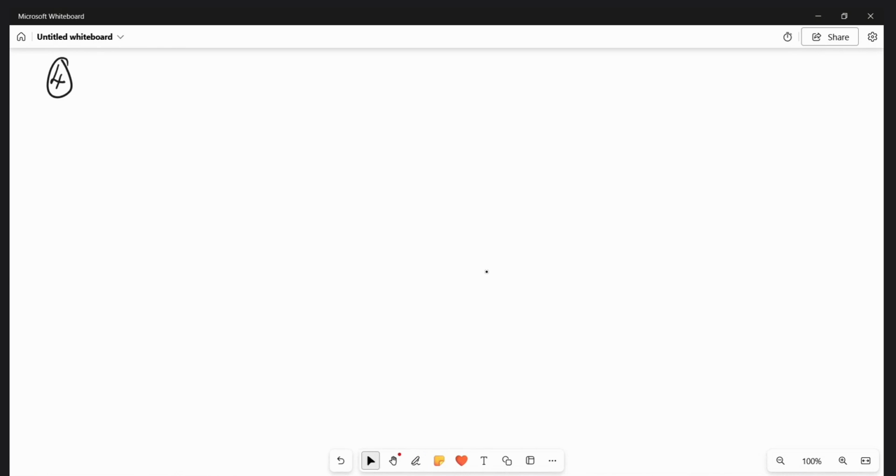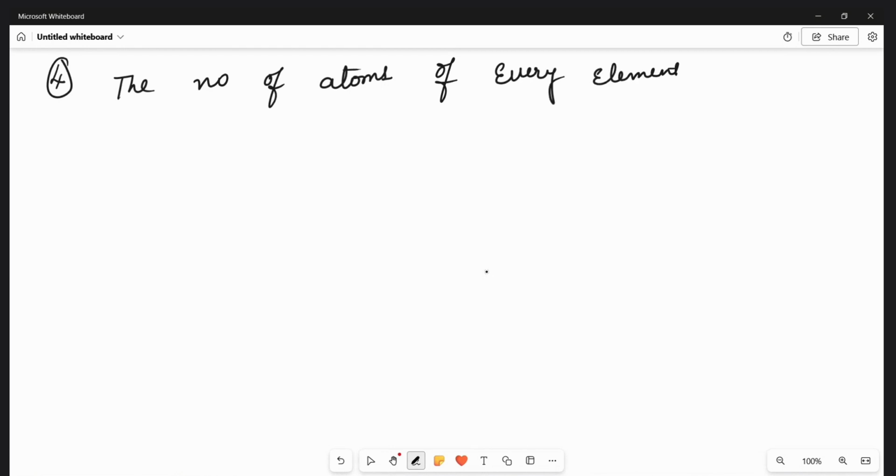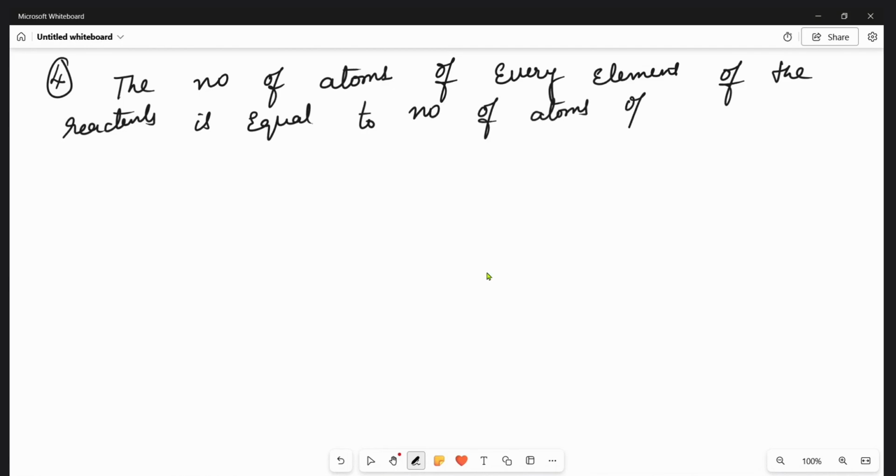Write down that: the number of atoms of every element of the reactants is equal to the number of atoms of every element of the product.